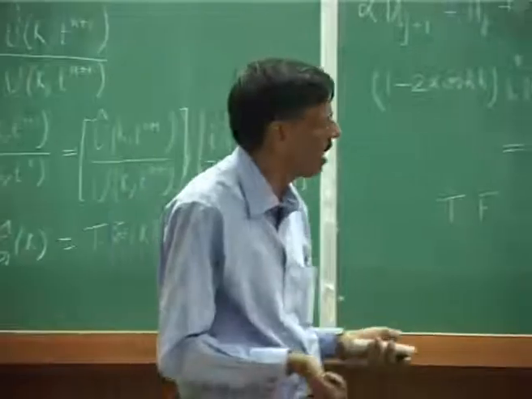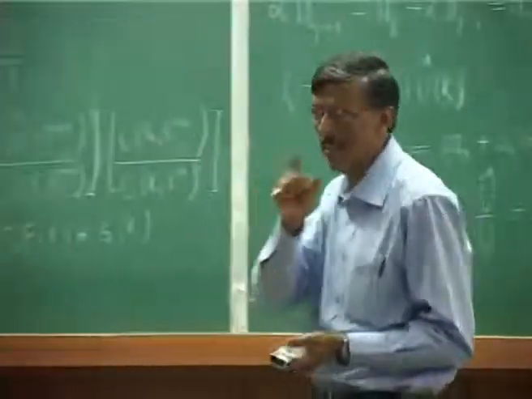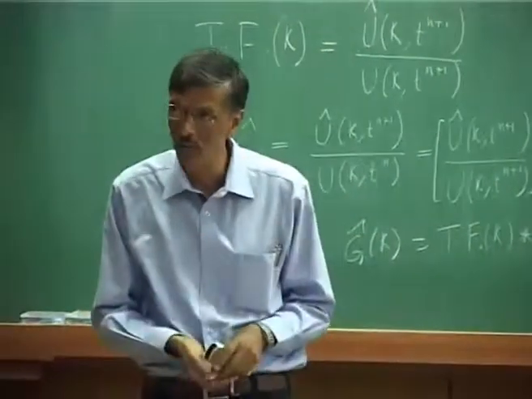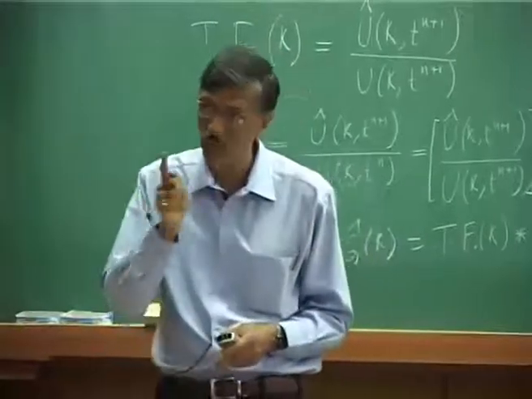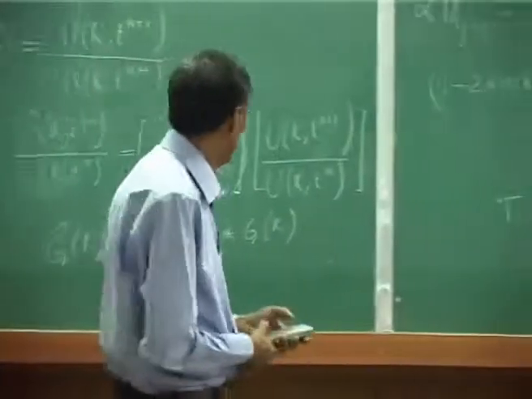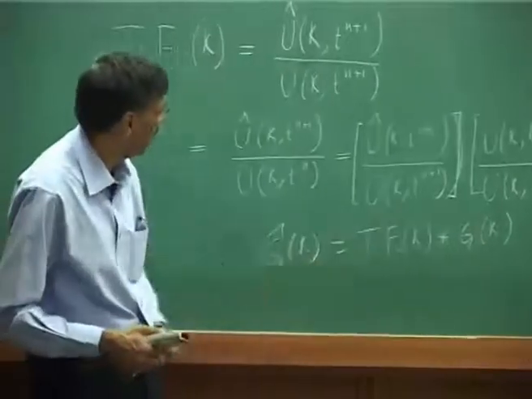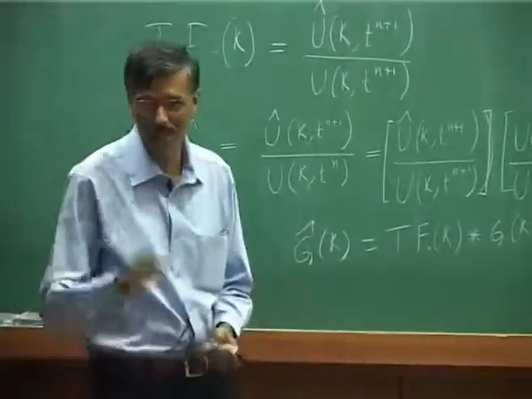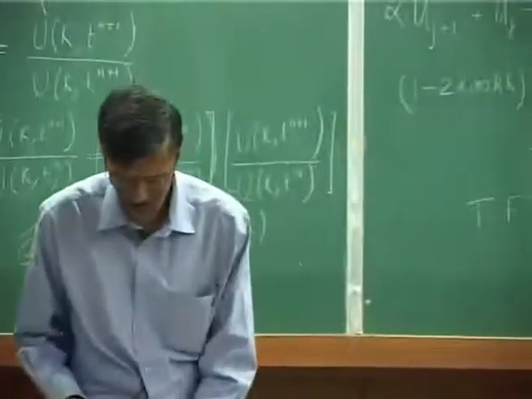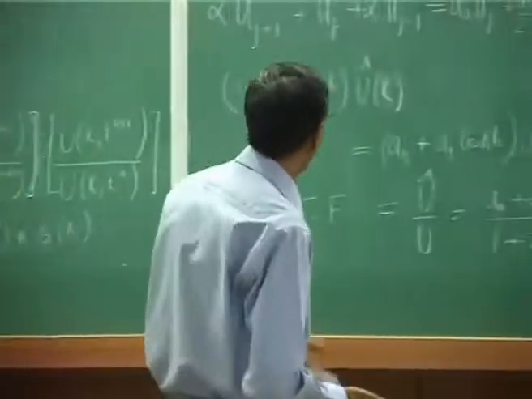Because we have noticed that all our numerical properties depend on this non-dimensional kh. So, all you need to do in your exercise is choose an appropriate value of alpha, so that the transfer function multiplied by the unstable g of k, this right hand side, should give you the exact value at the wave packet number.